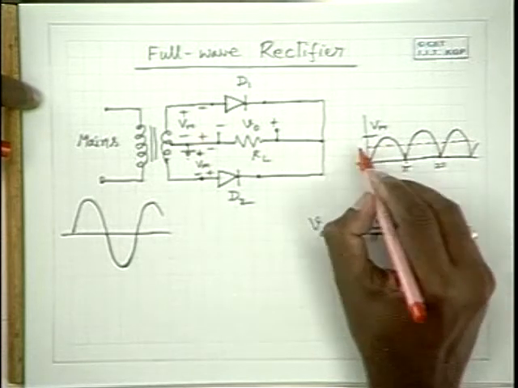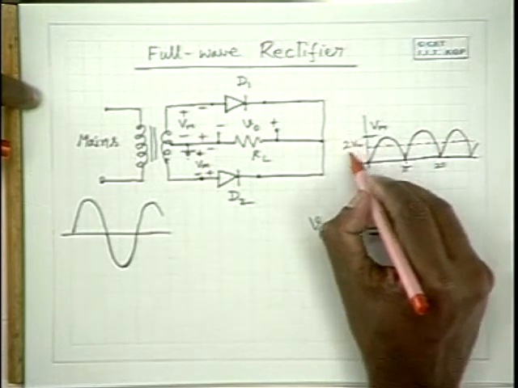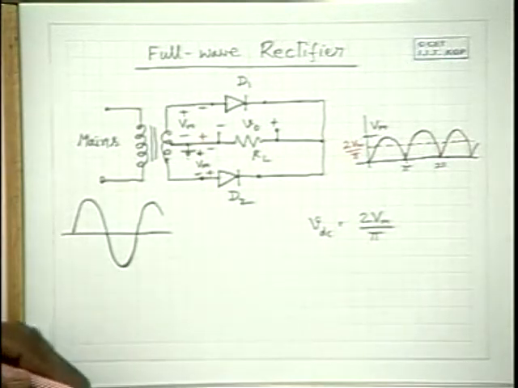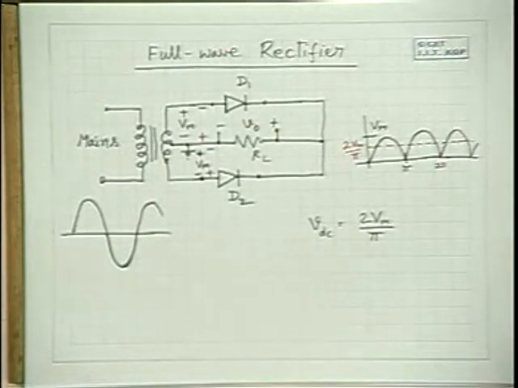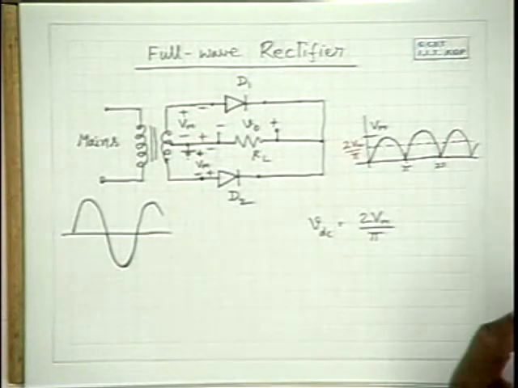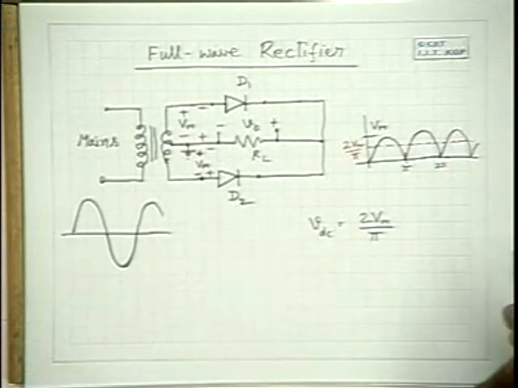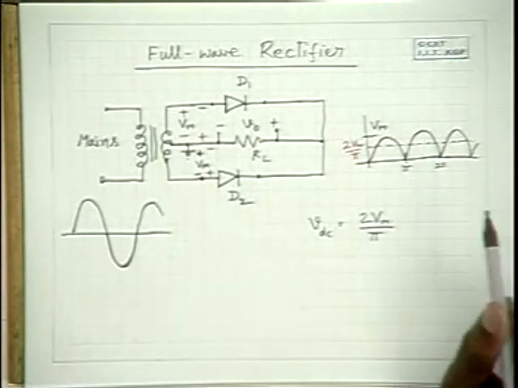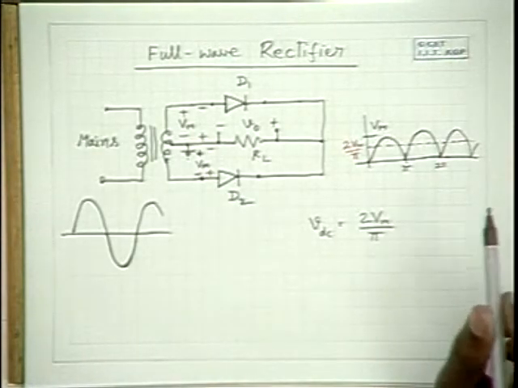So this value is 2 Vm by pi. That is the amount of DC voltage you get in this case, which is definitely twice that of the half wave rectified waveform.